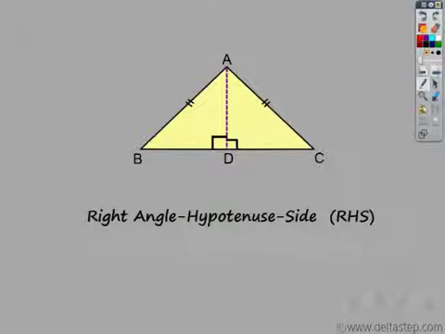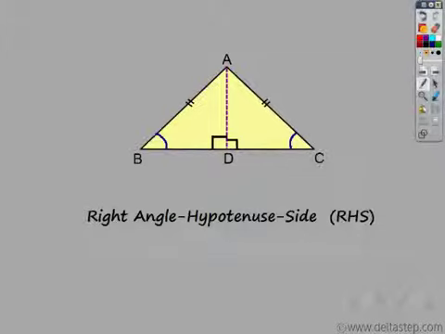If a perpendicular is drawn from the vertex in an isosceles triangle, I get two congruent triangles. Now if the triangles are congruent, then by CPCT the corresponding parts should also be equal. So angle B would be equal to angle C by CPCT.